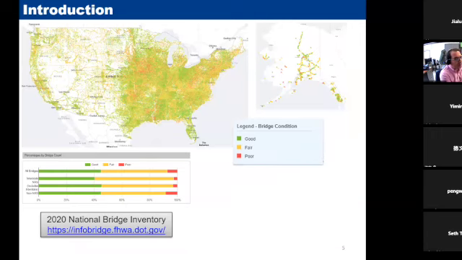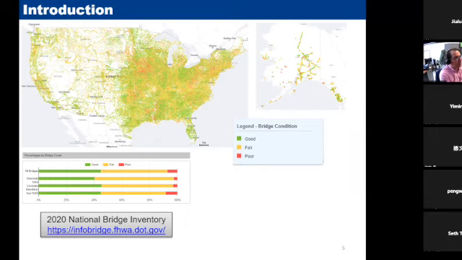On this slide, I borrowed the map from the FHWA website that shows every single bridge of the nation. We have more than 600,000 bridges in the US, and each dot in this map is one bridge. Those colored in green are good and healthy, they should perform well.